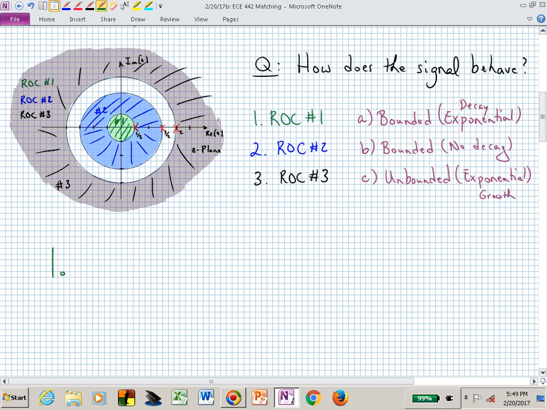So region of convergence number 1 together with those 3 poles. Does that give us bounded decay exponential, bounded, or unbounded, which is C, and that's the downward thumb? Up, horizontal, or down? 1, 2, 3.